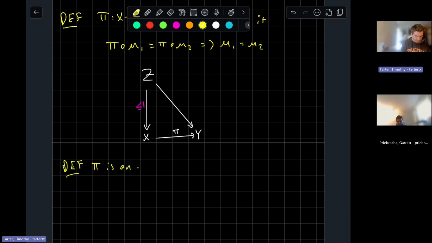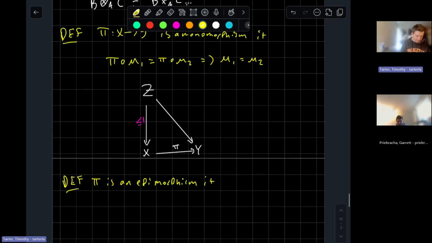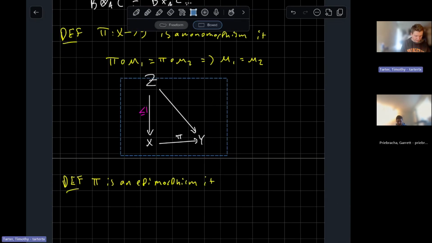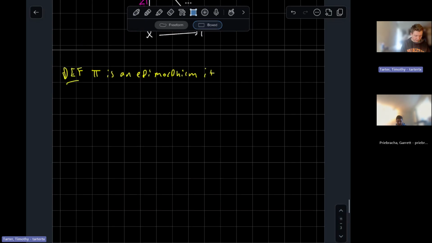Pi is an epimorphism if it is the arrow reversing of this.